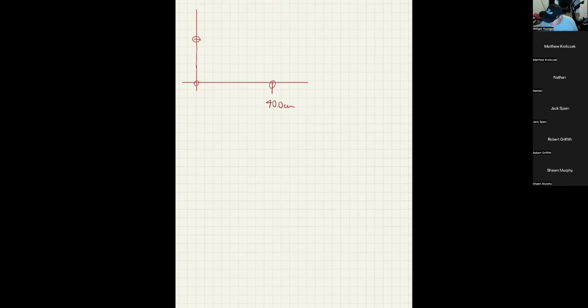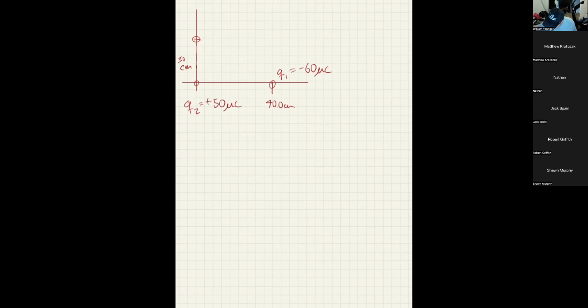Okay, so this was just 30 centimeters. All right, this charge right here is going to be Q1, and it's going to equal negative 60 microcoulombs. This charge right here is going to be Q2, and it's going to equal positive 50 microcoulombs.